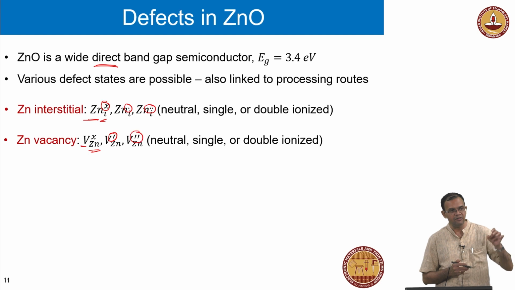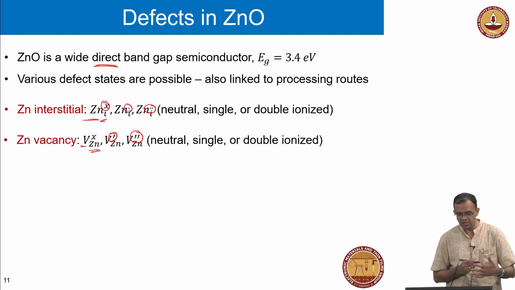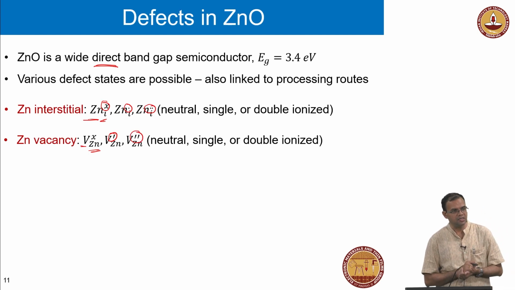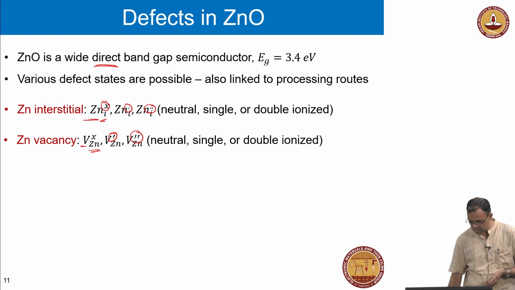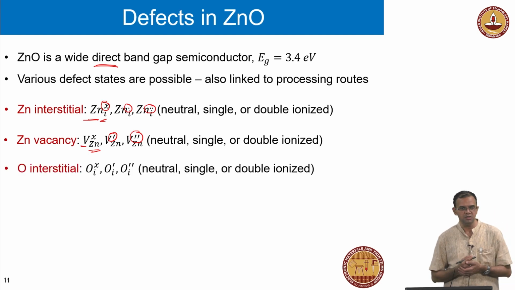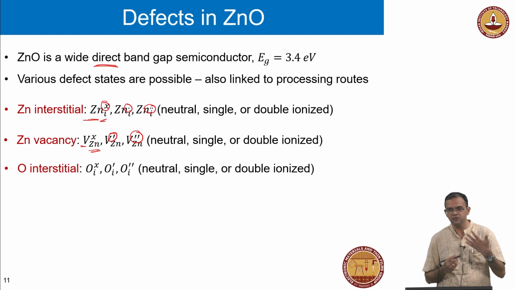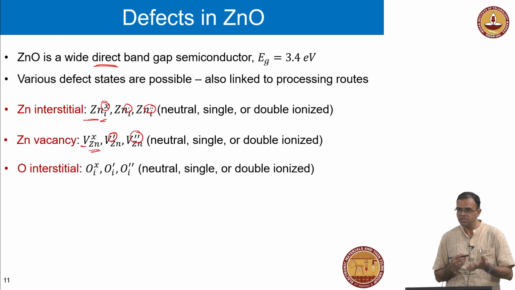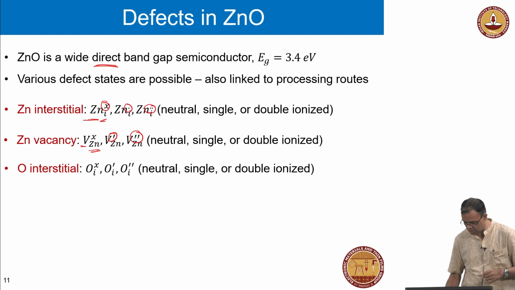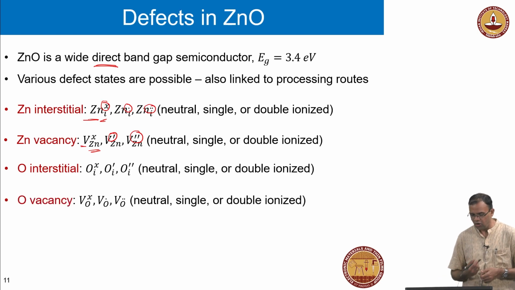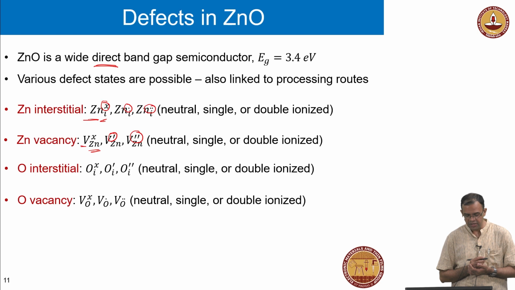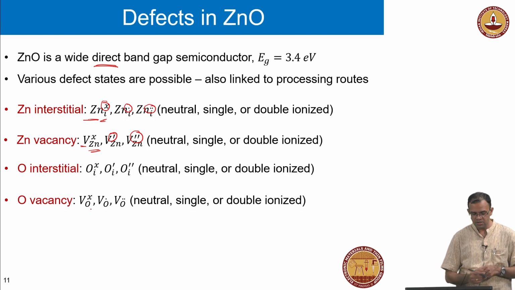So again I can have a neutral, singly ionized or doubly ionized vacancy. In the same way for oxygen, just like for zinc, you can have oxygen as an interstitial, so oxygen can go into the interstitial positions, or you can have an oxygen vacancy, so V in the oxygen site. So these are all the possibilities.